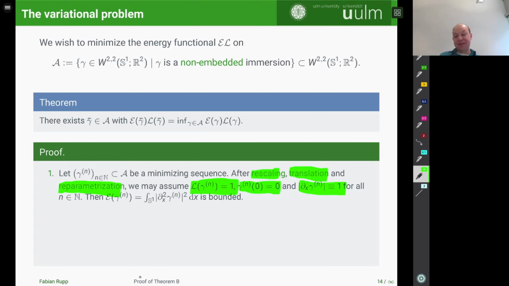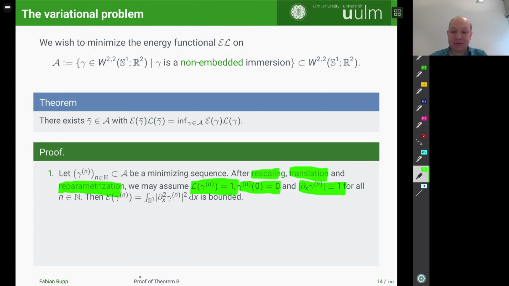Why is that advantageous? Because with this renormalization, the energy just becomes the L2 norm of the second derivative. And what we get then is, because we have a minimizing sequence for the energy E times L, where L is now equal to 1, the energy of gamma n is bounded, and this means that the L2 norm of the second derivative is bounded, so gamma n is bounded in the Sobolev space W^{2,2}. And now comes the advantage of the elastic energy.